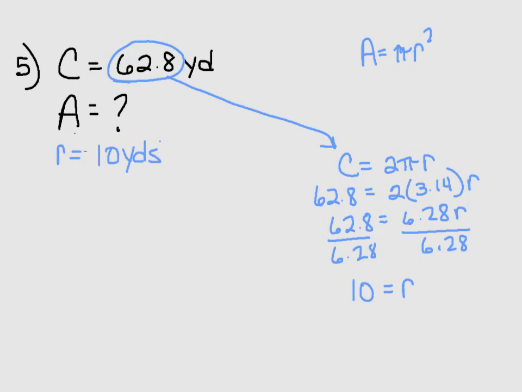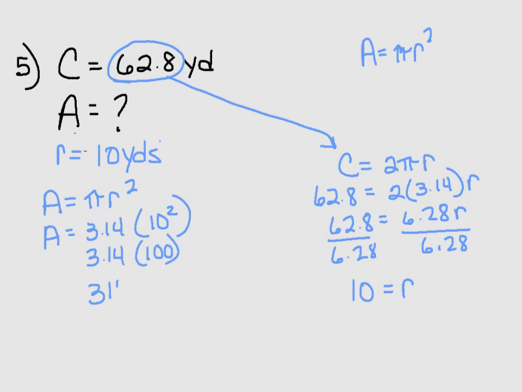Well, now that I know my radius, I can definitely find my area. So let's write down the formula again. Area equals pi r squared, and pi is 3.14 times 10 squared, so that's 3.14 times 100, which is 314 yards squared.